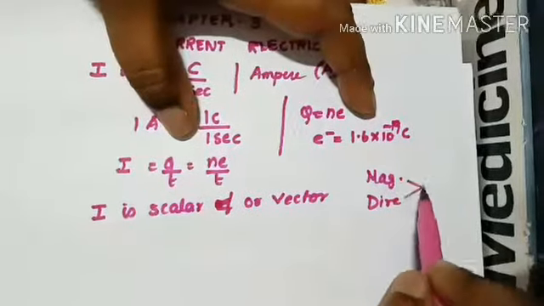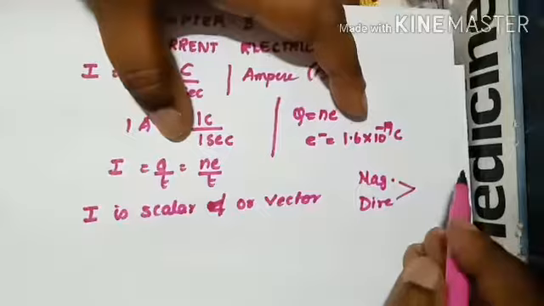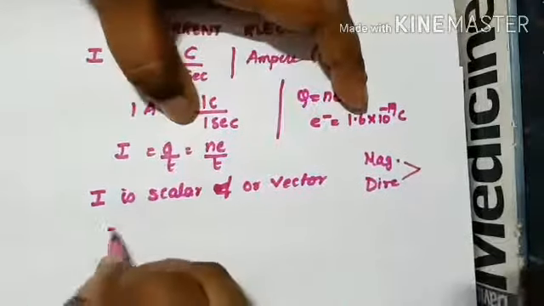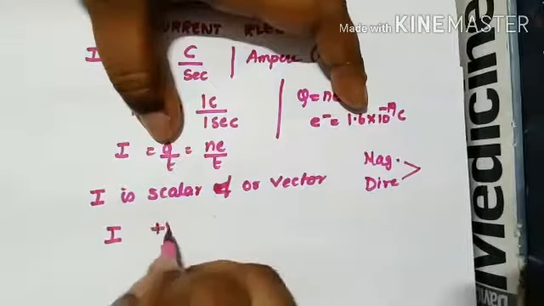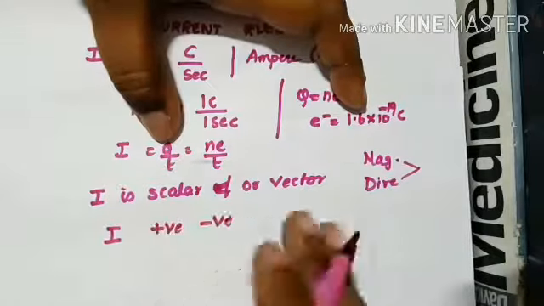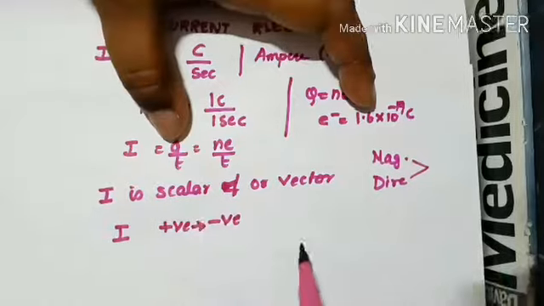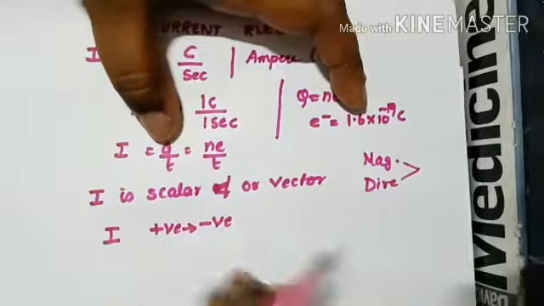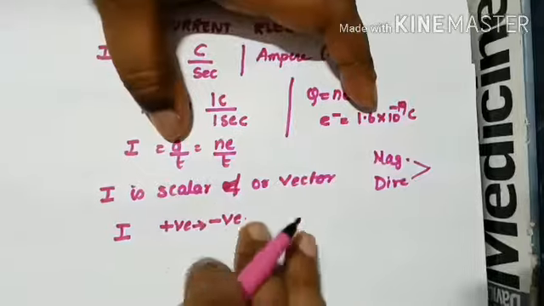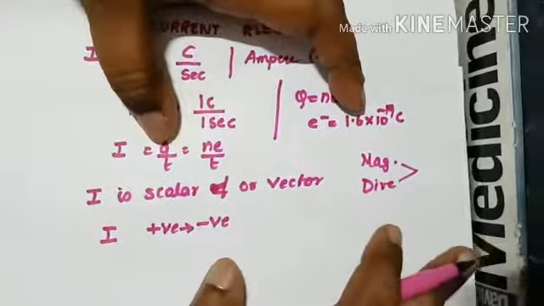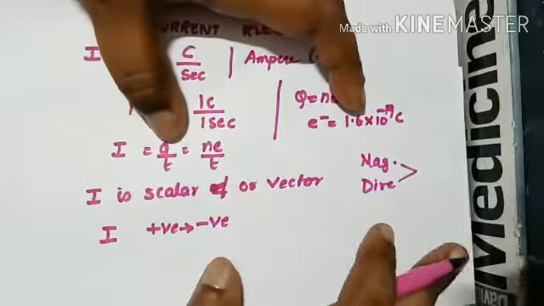It is having both magnitude and direction, so why is current a scalar then? The thing is, current always flows from positive to negative, irrespective of any condition. I mean conventional current, okay? In whichever way you arrange a circuit, it always flows from positive to negative.